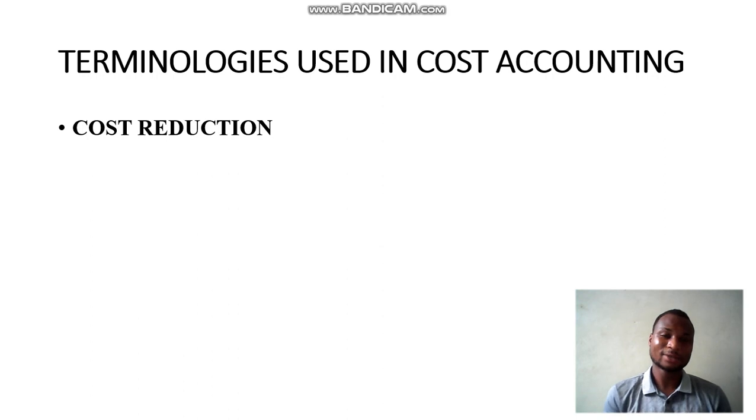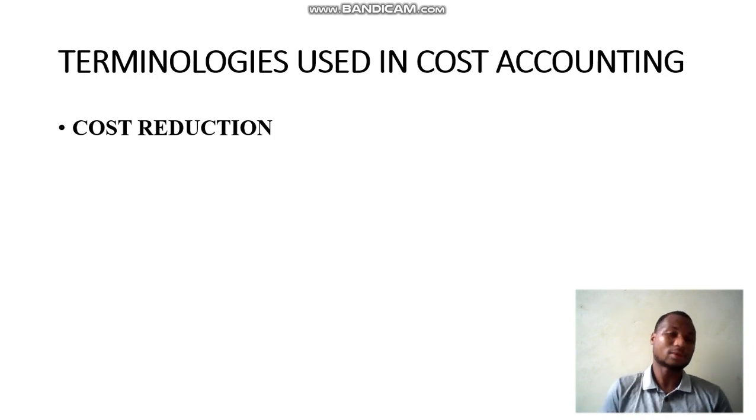Are you following that? Cost reduction simply is about removing all the unnecessary costs associated with a particular activity or product or service without impairing the quality of the product. So here the reducing is not just about cutting down the cost, but you are taking out those costs that you can do without.